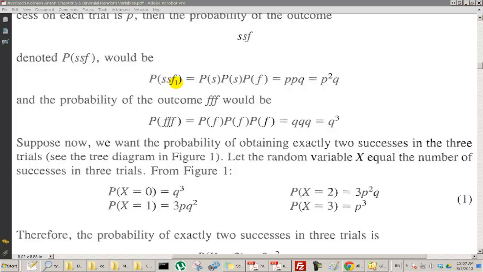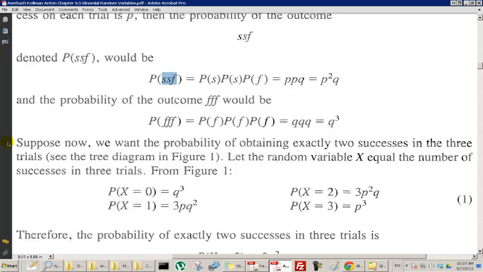But there are other patterns by which we could get 2 successes. For example, the failure could come first and then the 2 S's. Or the failure could come in the middle, so it would be SFS. So usually we're not just interested in a particular pattern, but we are interested in asking the probability of getting 2 successes. This is one way to get 2 successes, but there are other ways.